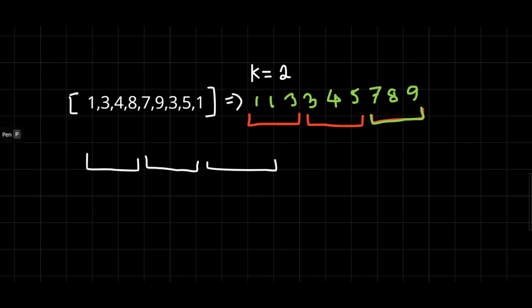Suppose the main algorithm is we have to iterate over all of the elements from left to right, and in each iteration we have to take 3 elements. The first element, suppose its name is x, the second element is y, and the third element is z, where x is less than or equal to y and y is less than or equal to z, because they are sorted.